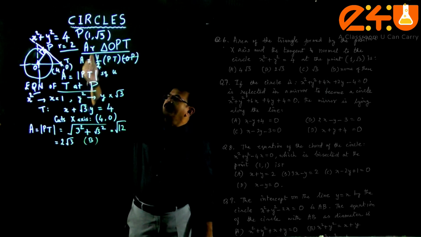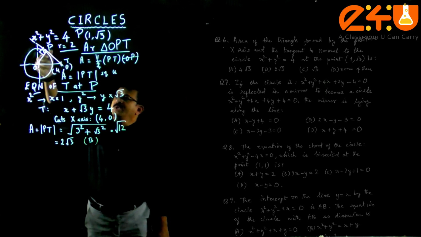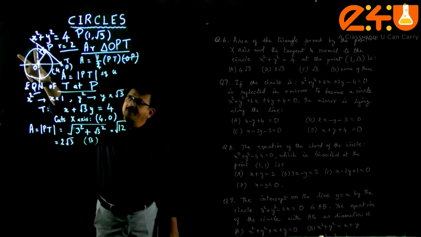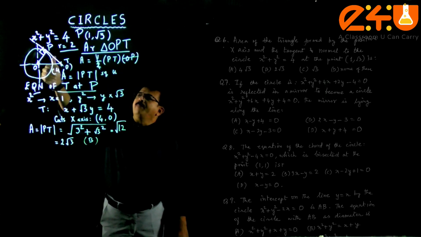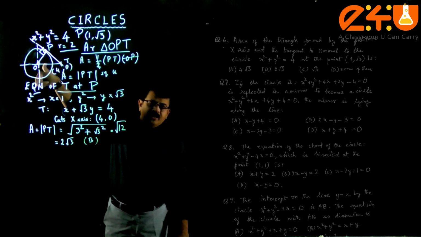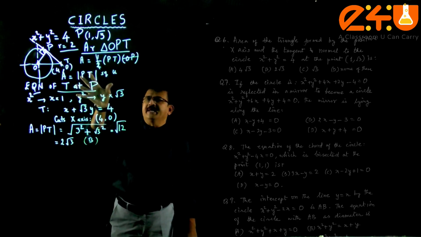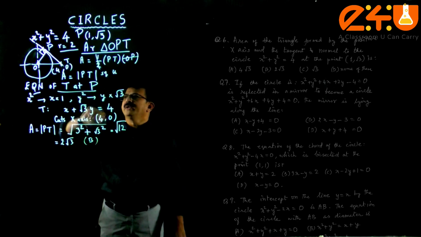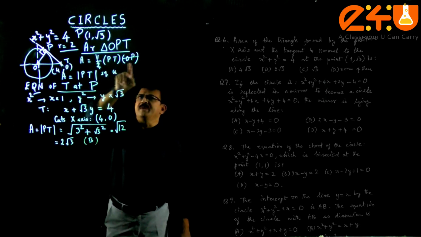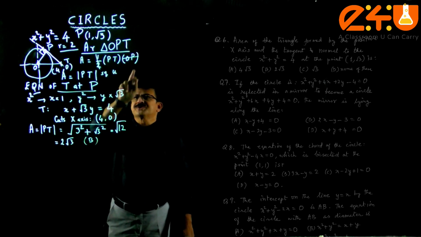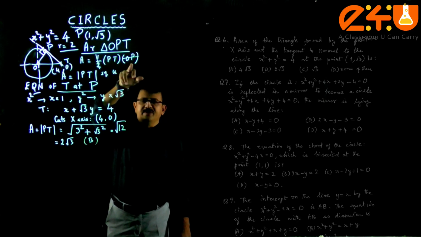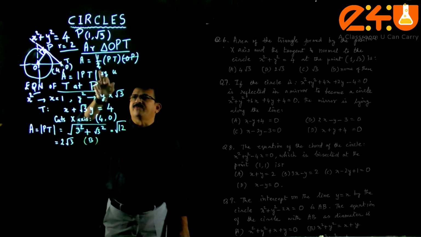So it's very simple in the sense you are able to judge the type of the circle. It's a basic one. By drawing tangent and normal, you can understand what is the area required. The area required is half times PT times OP. Because OP is radius and the magnitude is 2, I have cancelled it with half.